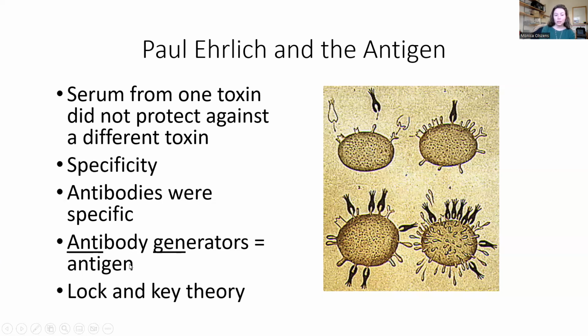And what Paul Ehrlich discovered is that antibodies were very specific, and he came up with the lock and key theory, and that serum from one toxin did not protect against a different toxin. So toxin from bacteria A and toxin from bacteria B are different enough that one antibody wouldn't protect you from both.